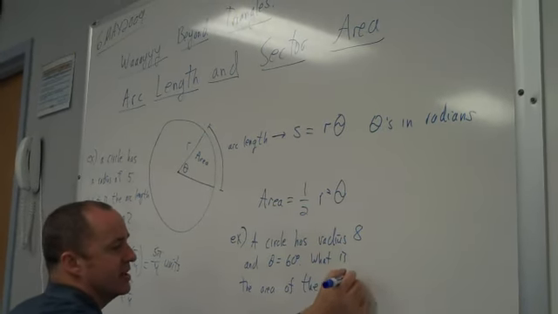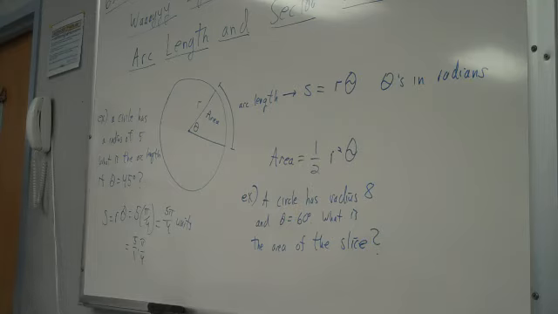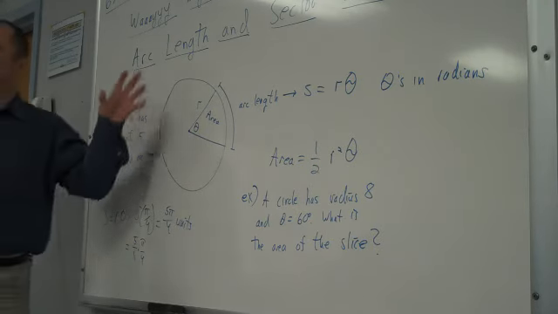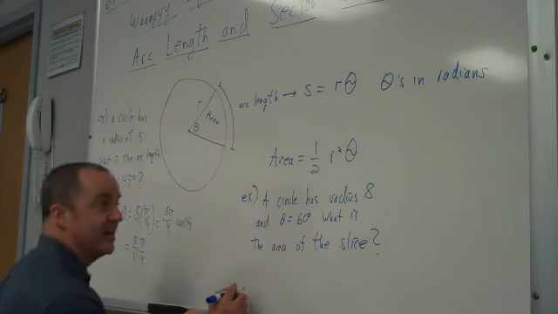I'm thinking in terms of pizza. If you did this in geometry, you figured 60 degrees was 1/6 of 360 degrees. You found the area of the whole circle and divided by 6. Radians take care of that for you. It already is your distance around 1/6 of the circle.